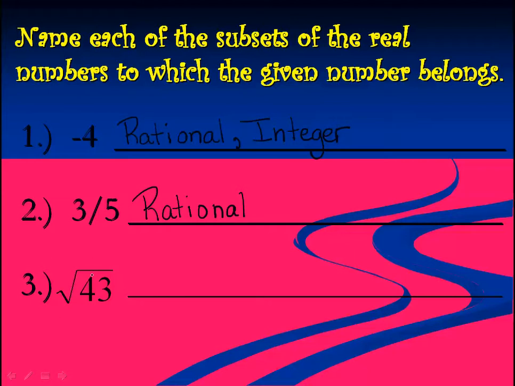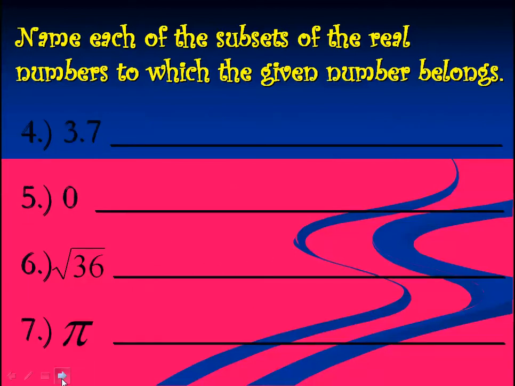The square root of 43. If we take the square root of 43, we get a non-terminating, non-repeating decimal. So I know that the square root of 43 is irrational. There are no other subsets when we talk about irrational, so we're done. 3.7.